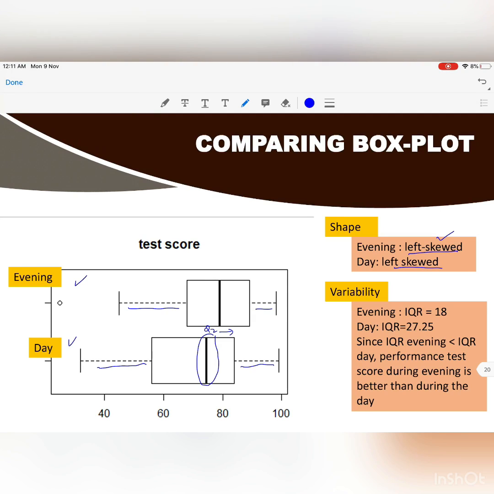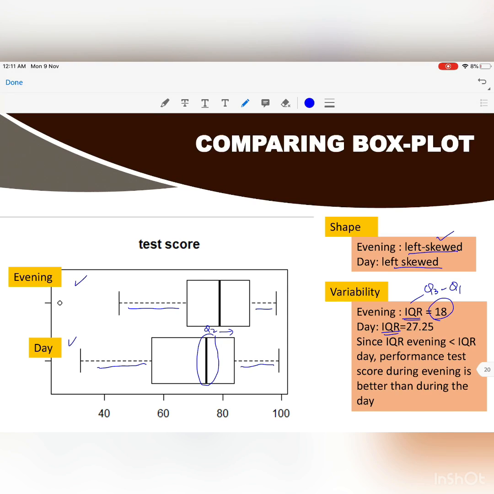As I mentioned before, you can know the shape of distribution by looking at Q2, the location of the median, or by comparing the lines. For the variability, we need to compare the IQR. How to find the IQR? IQR is Q3 minus Q1.